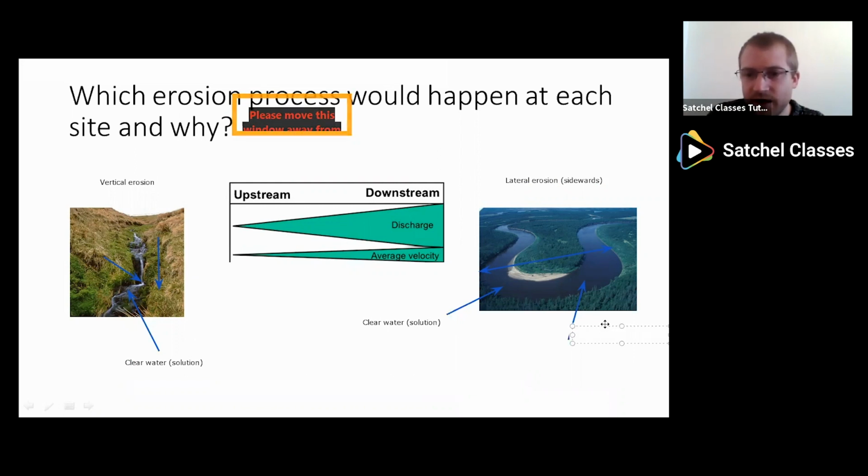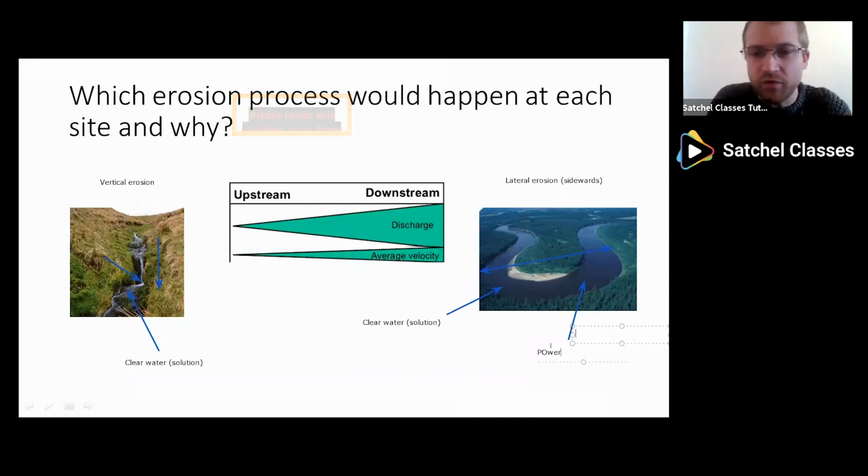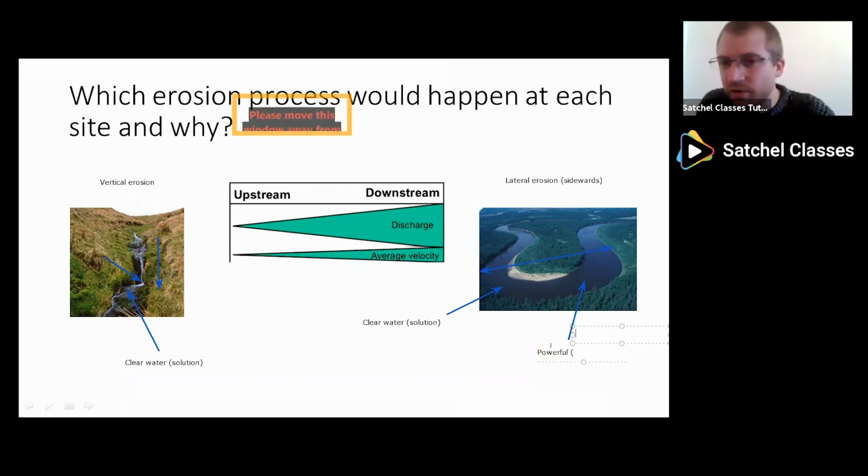Okay, now what we can assume in this bottom picture is that it is powerful. Now we won't be able to see any material inside the river. We can't really see anything floating in it. We can't see the bottom of the river, but we can assume from our little Bradshaw chart right in the middle, discharge and velocity of the river is high.